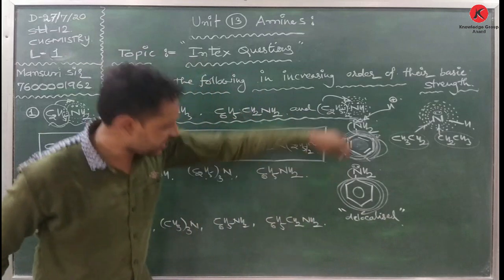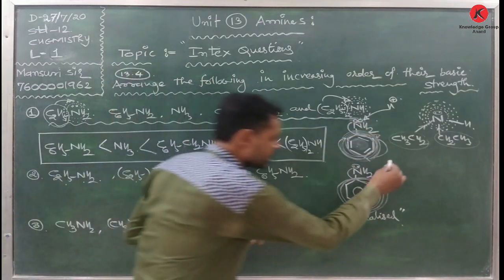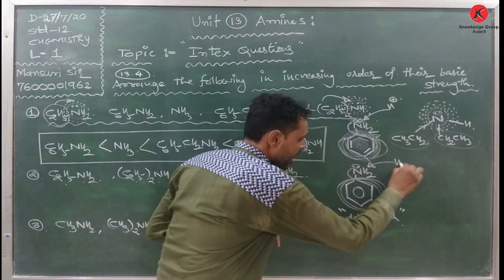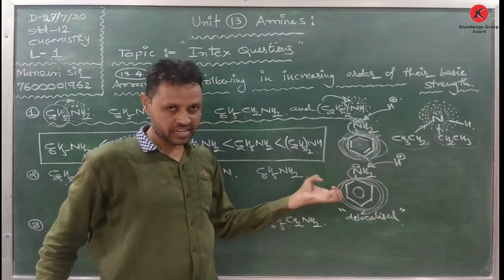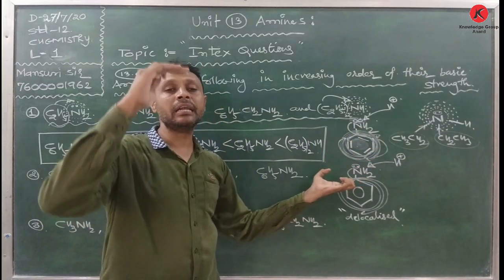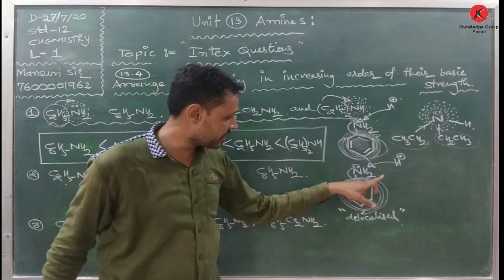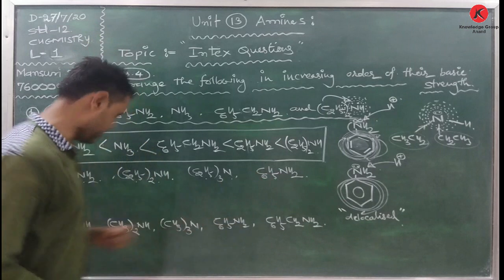That is why electron density on nitrogen will decrease. That is why H plus proton will not be accepted very fast. That is why protonation will be very less. So here aniline shows least basicity.